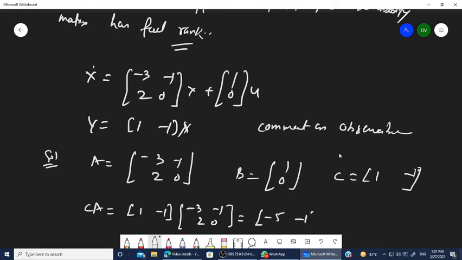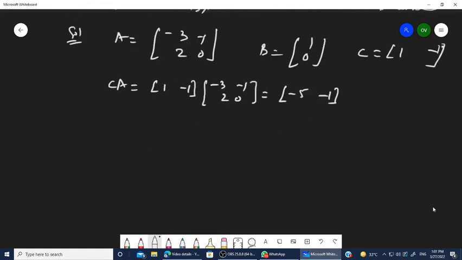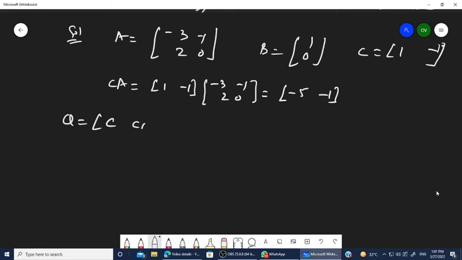So your observability matrix Q becomes C and CA, because it is a second order system. So C is 1 minus 1, and CA is minus 5 minus 1.